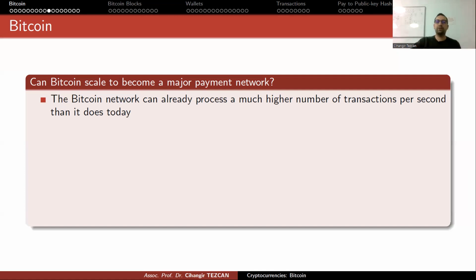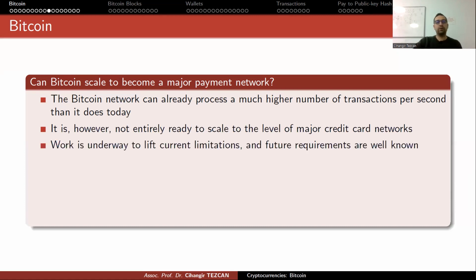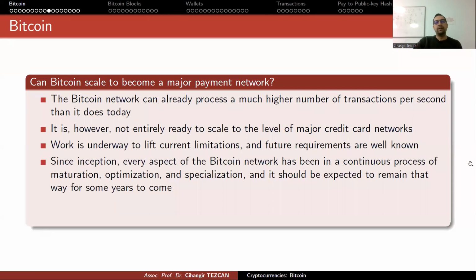The Bitcoin network can already process a much higher number of transactions per second than it does today. It is, however, not entirely ready to scale to the level of major credit card networks. Work is underway to lift current limitations, and future requirements are well known.